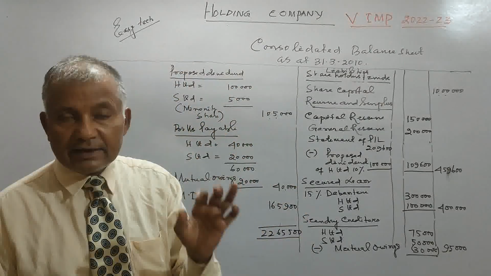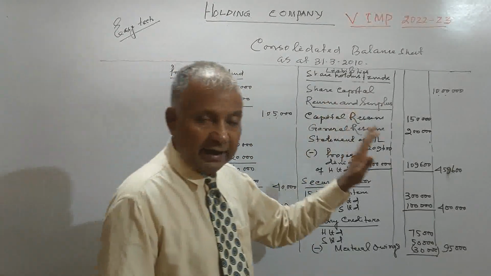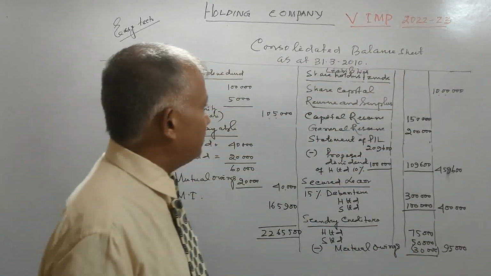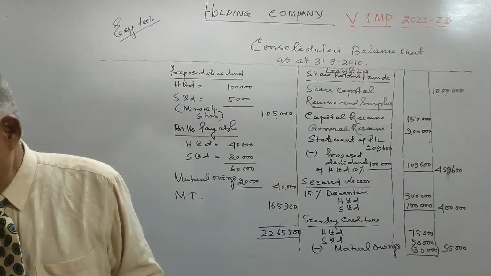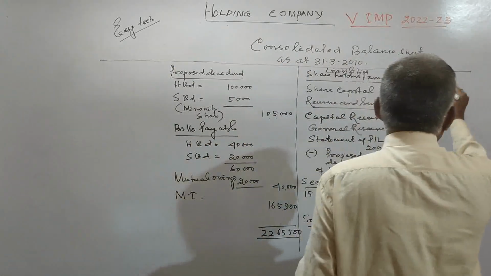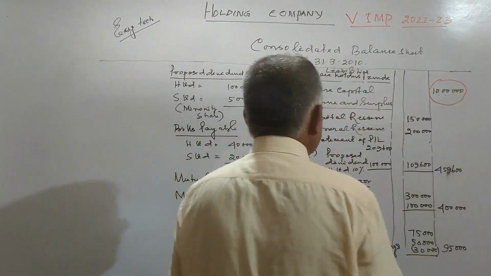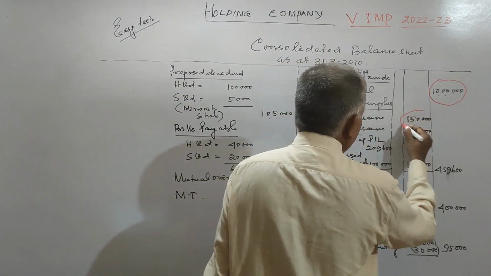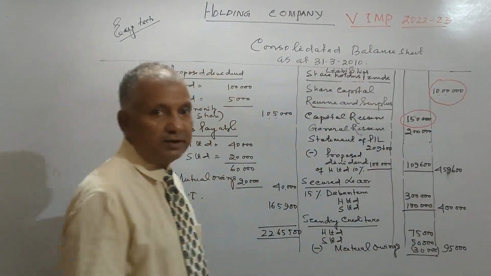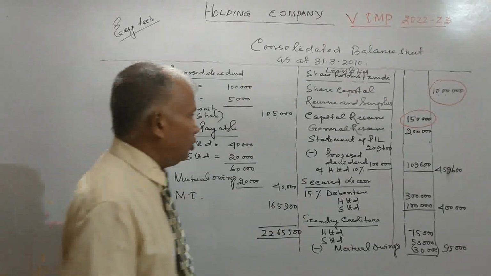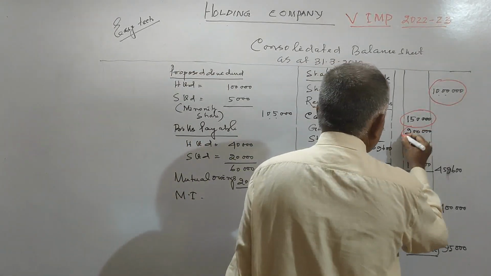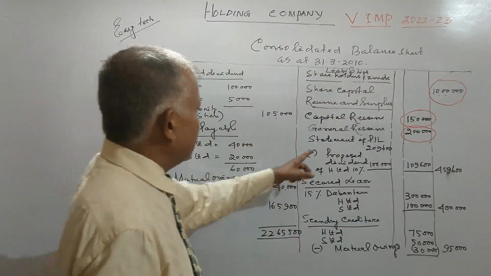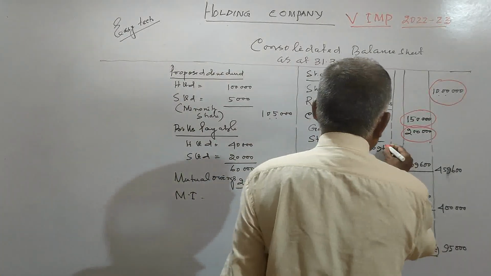We will take the share capital of H Limited, that is your 10 lakh as given in the problem. In the balance sheet, it is given as 10 lakh. Then reserve and surplus. Capital reserve is 1,50,000. This is from statement 4. General reserve is 2 lakh from statement 4.